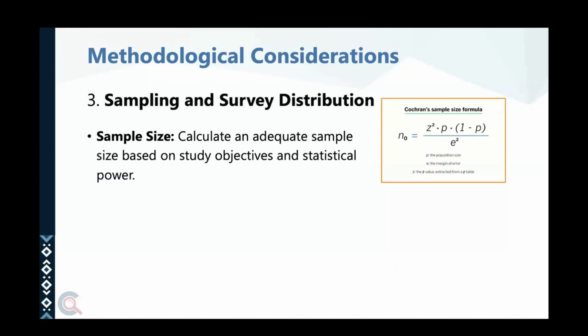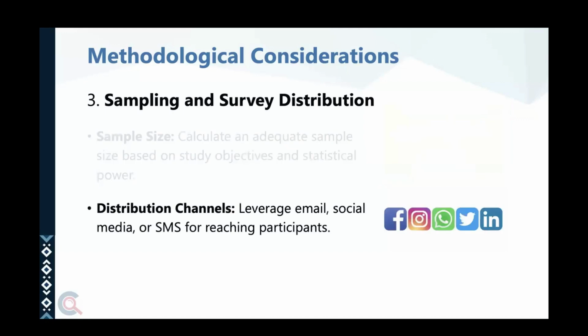And since surveys are technically just cross-sectional studies, the Cochran or Lorentz formula for calculating sample size is the go-to formula for most surveys. So always ensure that you are aiming for an adequate sample size and you are sufficiently powered to be able to do the statistical analysis and infer results.